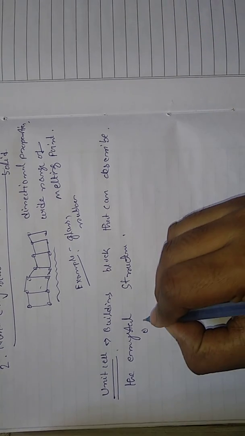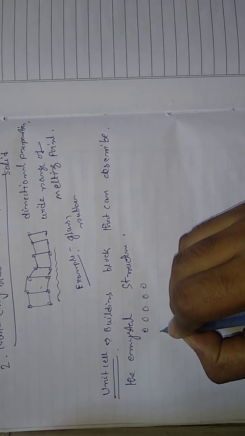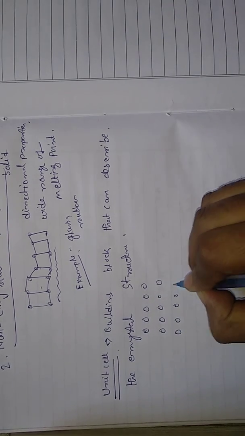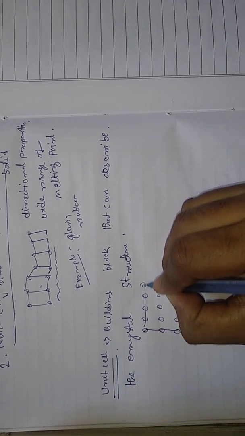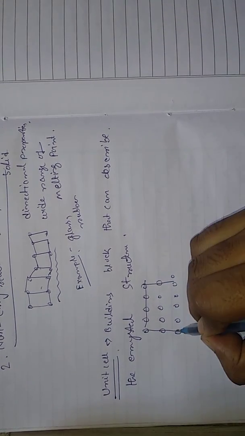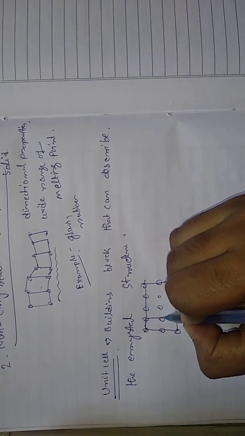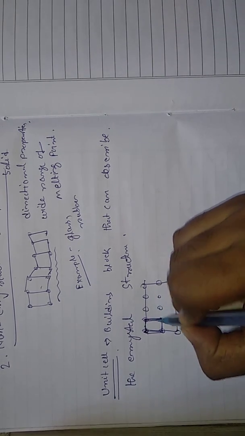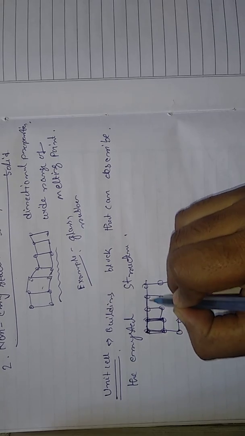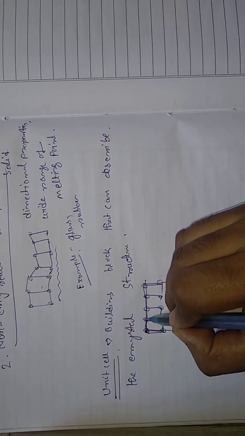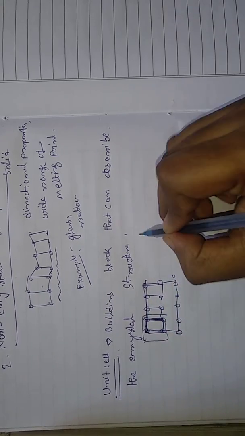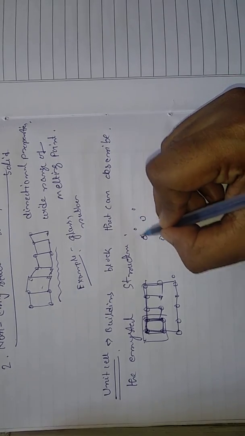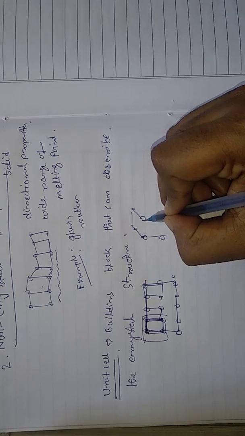Suppose this is the atomic arrangement of a crystal structure. Now suppose this is the repeated block; you cut it out from this structure, and it looks like a cubic crystal unit cell.